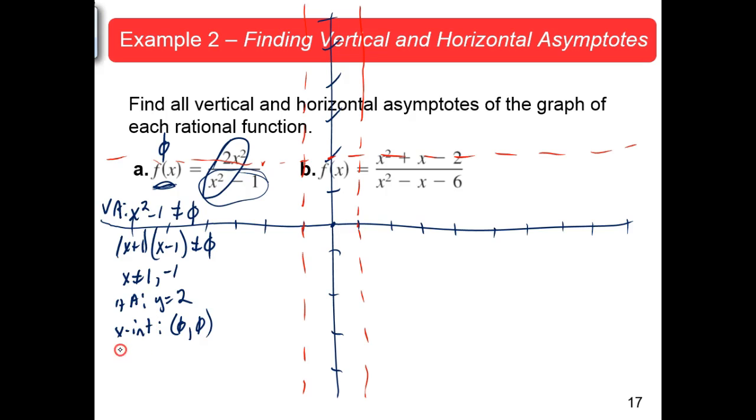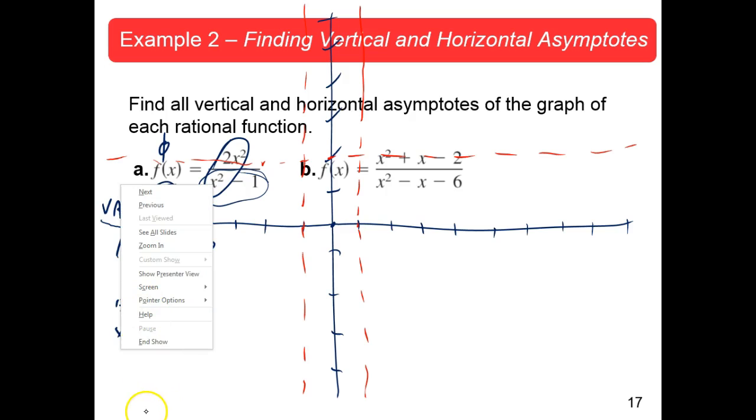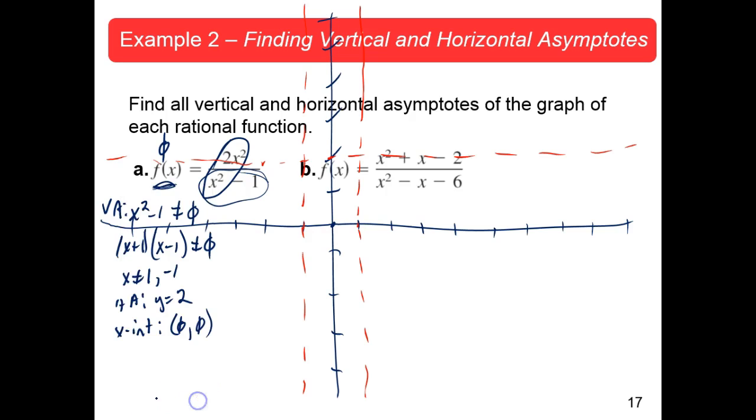How do you find the y-intercept, by the way? Normally you say x equals 0, and if x equals 0, you get y equal to 0. So it's the same number, and we don't get any help at all on where things are.